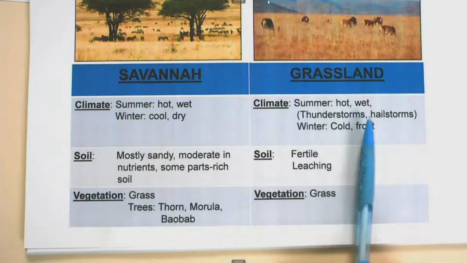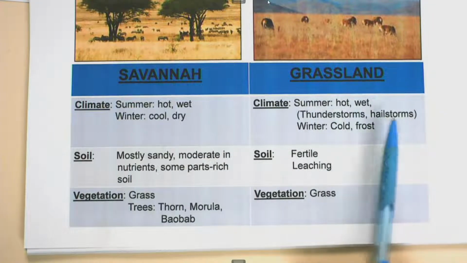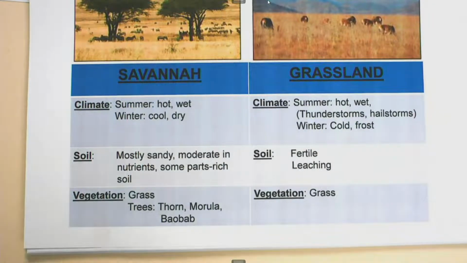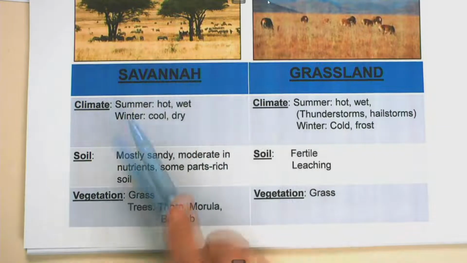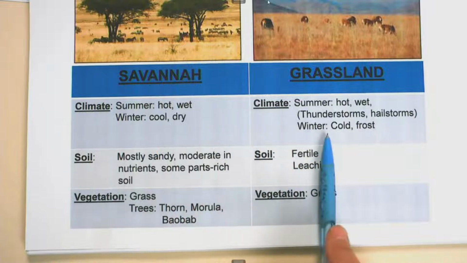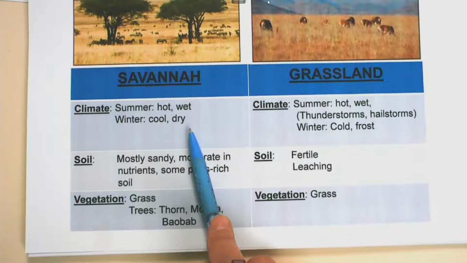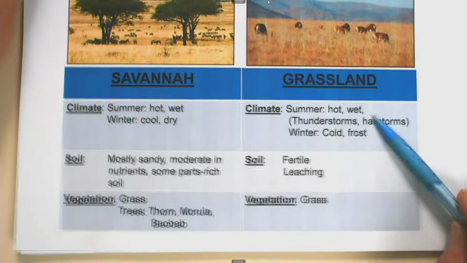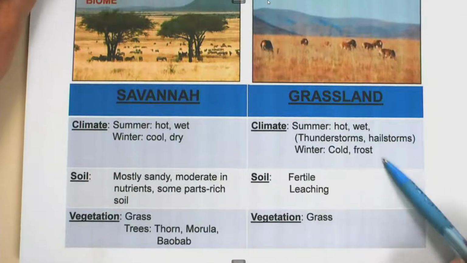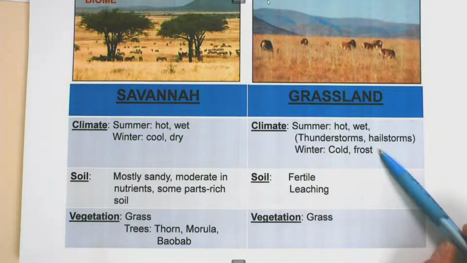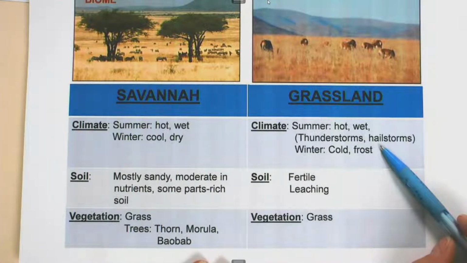And then in the Grasslands, we can have hailstorms, we can have thunderstorms, rain and wind, and then in the winter, obviously for the savanna and the grassland, we can have cold weather, and then in the savanna it can become dry, and here in the Free State we sometimes have frost, and then we know now, yeah, it's very, very cold. All right.